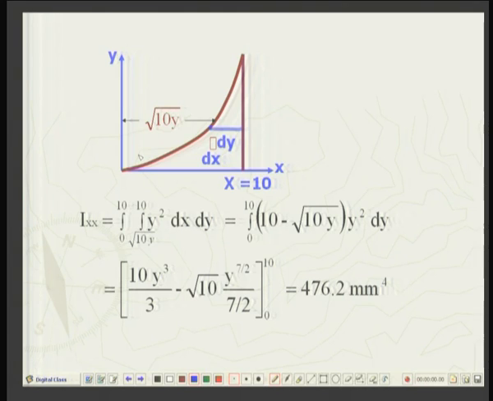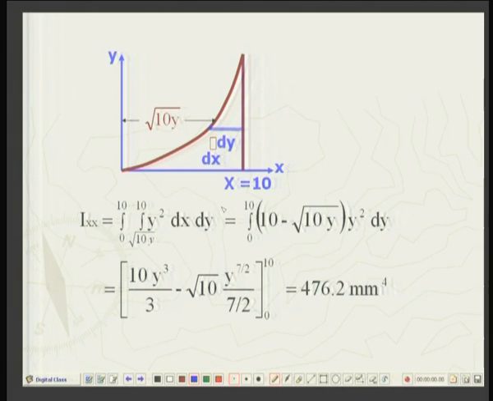So, the limits of integration are very crucial in this case. It will be root of 10 y to 10, that is from this point to this point, right. And after conducting the integration on x, we will then have the integration for y.